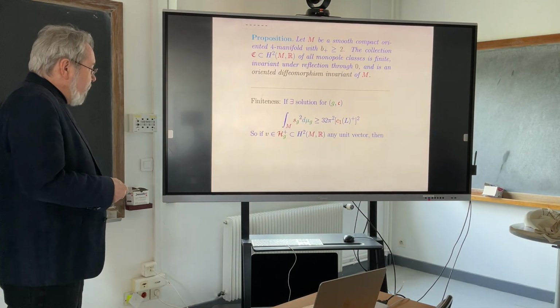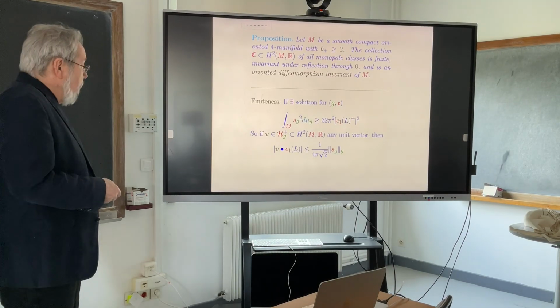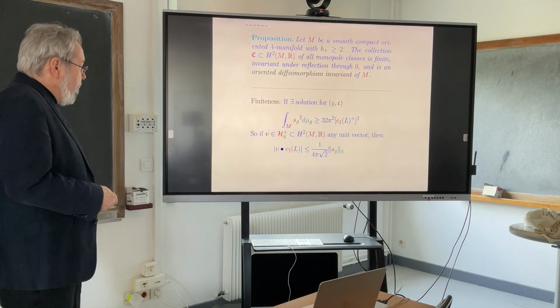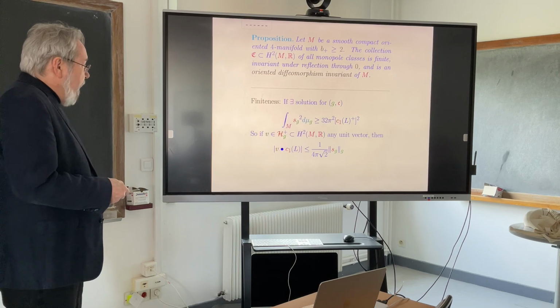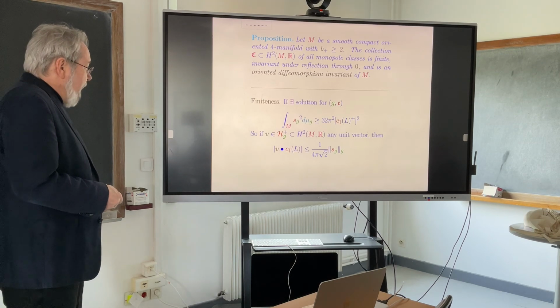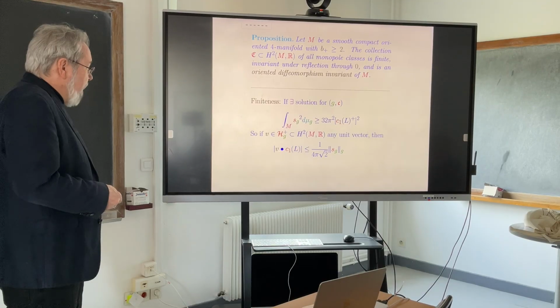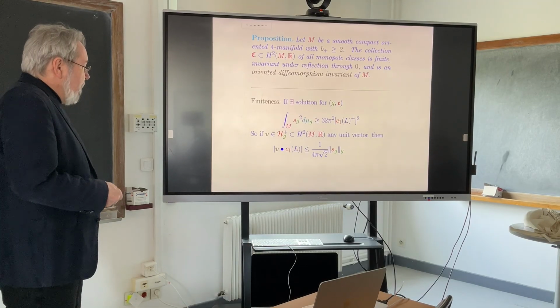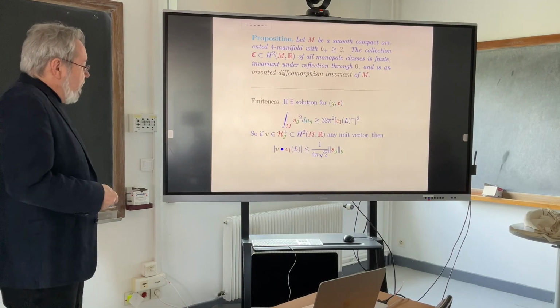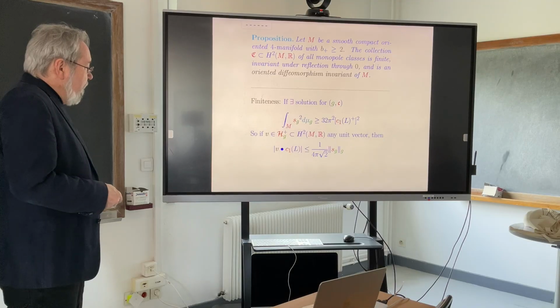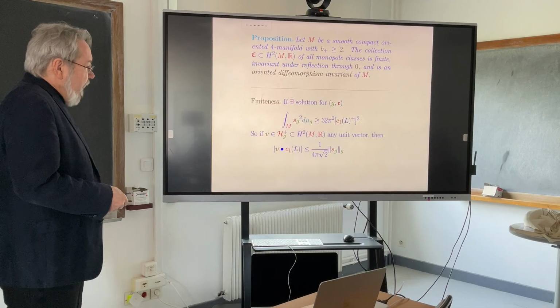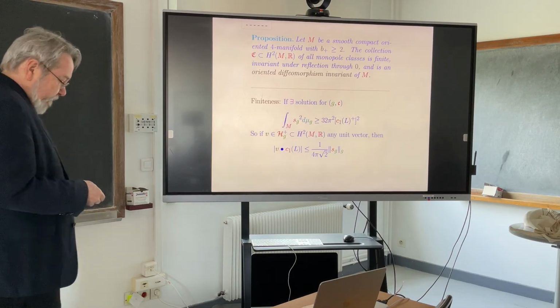So for a unit vector in this subspace of the second cohomology, then you automatically have an upper bound for c1 of L, where L is the determinant line bundle associated with this spin-C structure. c1 of L dot that unit vector, take the absolute value of that number, and then that has to be less than 1 over the square root of 32 pi squared times the L2 norm of the scalar curvature of g.